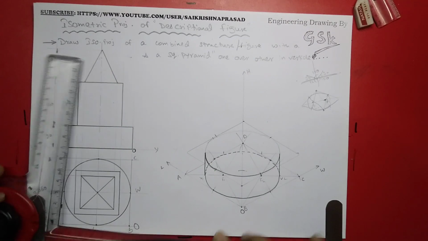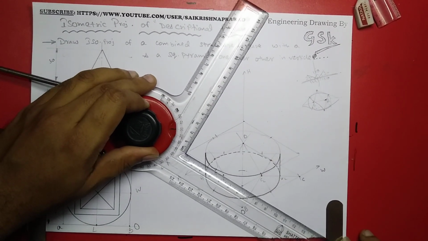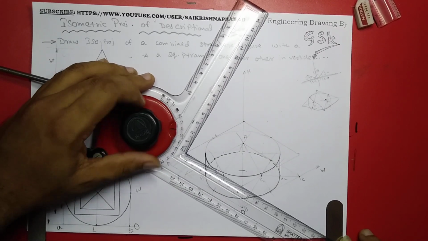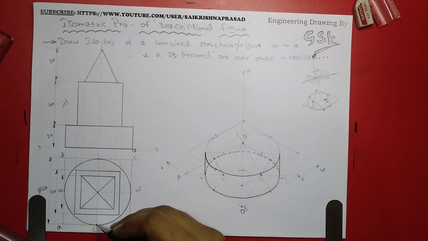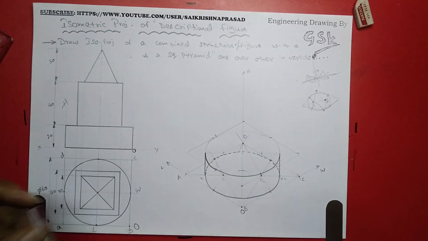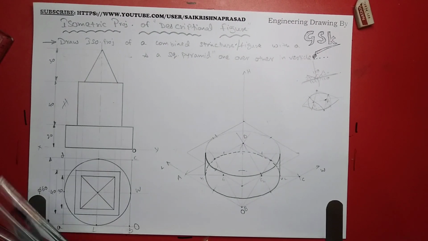I can place this square right in this by drawing parallel lines, length lines. From here to here it is 10 mm. See this? 10 mm, 10 mm, 10 mm, 10 mm.